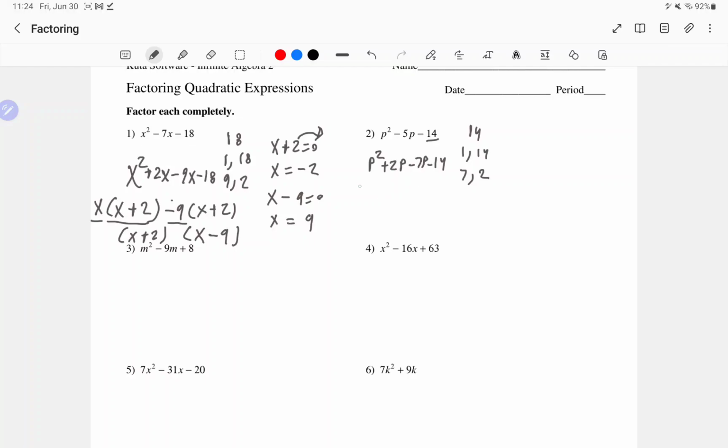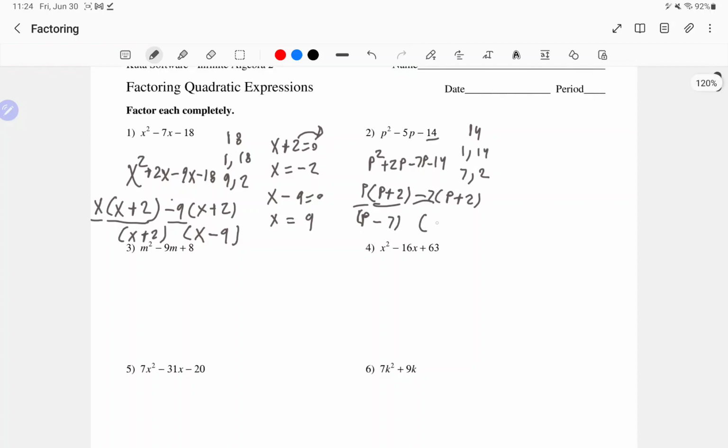Now we can start factoring this. We factor out p, and this becomes p plus 2. And now this becomes negative 7, so we factor out 7 and get p plus 2. Now we have this factored. We have p minus 7 and p plus 2. So our answers are p equals negative 2 and p equals 7.